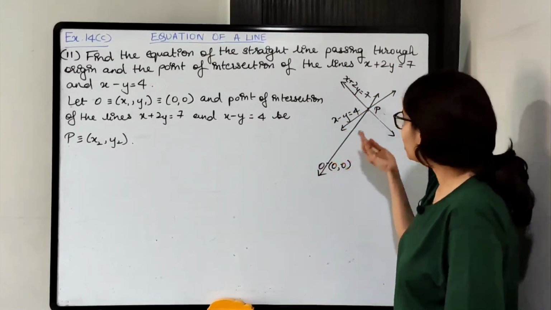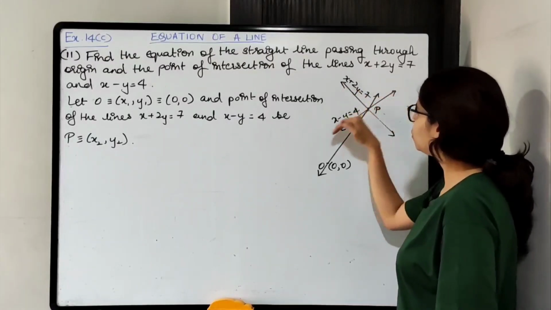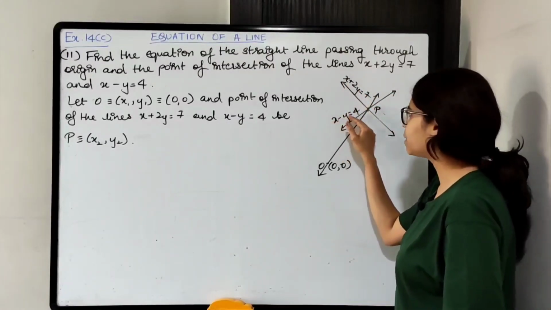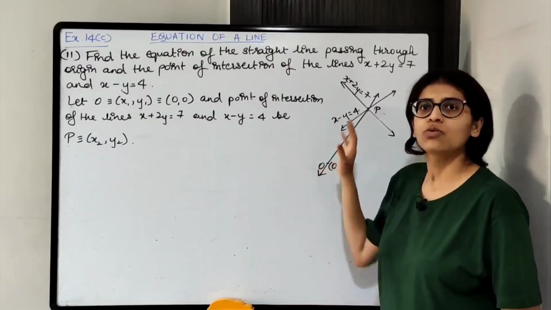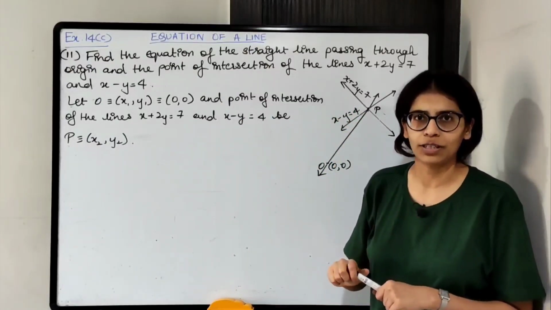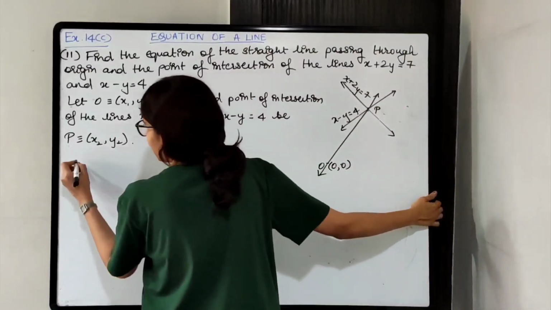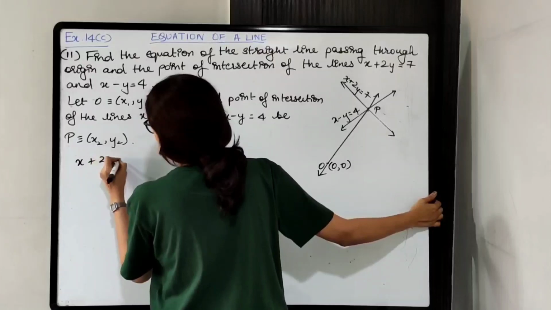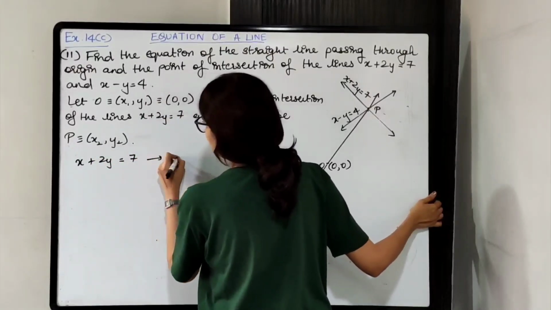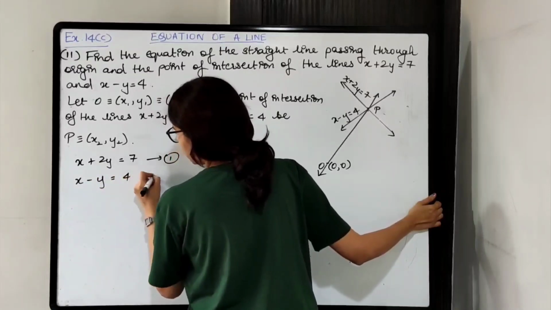For that we need the coordinates of P, because P is the point of intersection of the two lines x plus 2y equal to 7 and x minus y equal to 4. So we'll solve the two equations and first find out the x and y coordinates of P. Write down the two equations. x plus 2y equals 7, number this as 1. x minus y equals 4, number this as 2.